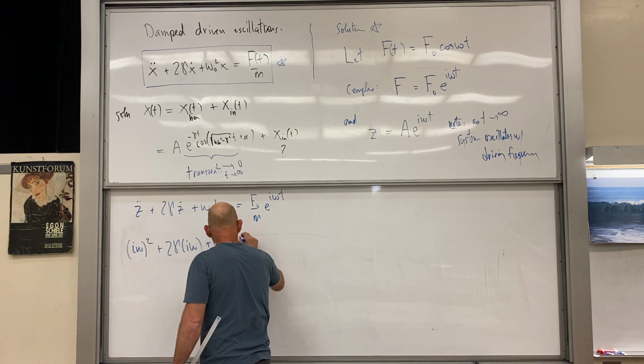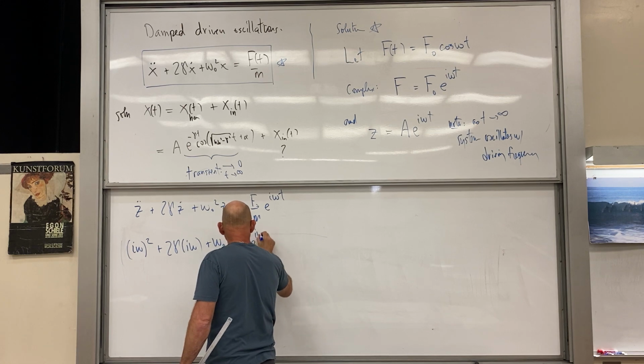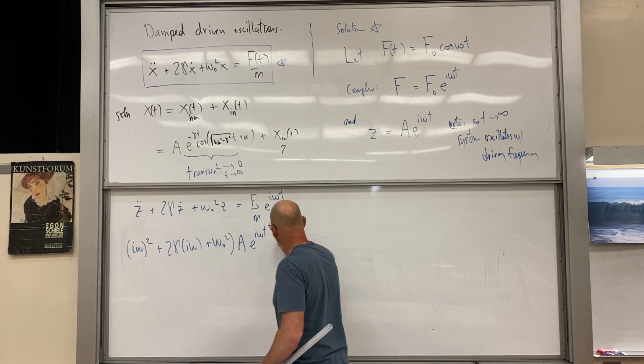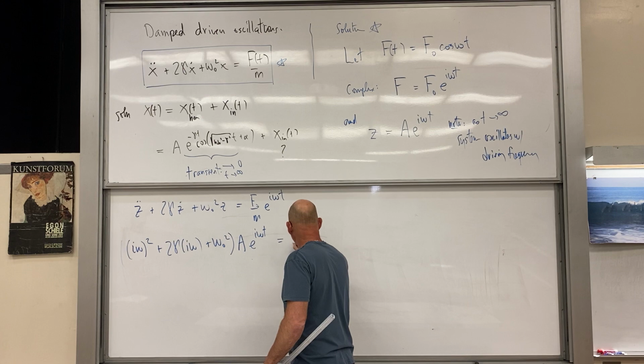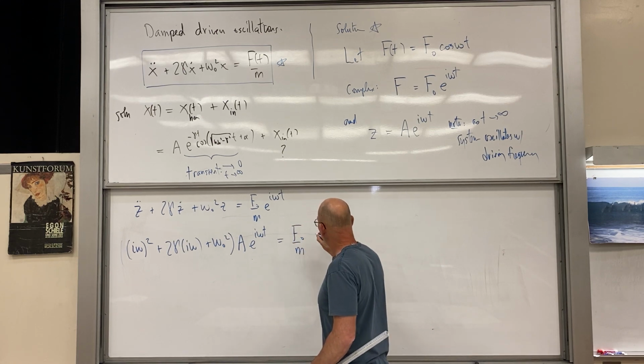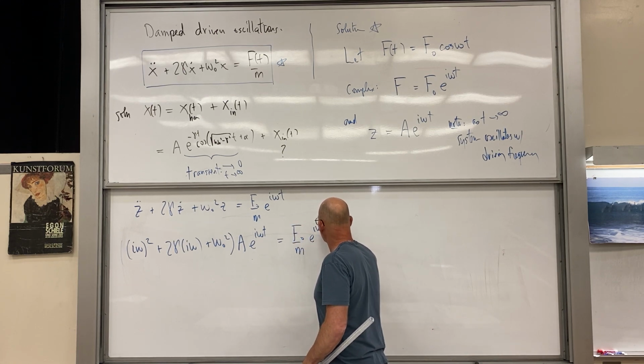That's all being multiplied by a e to the I omega t. And we're saying that's equal to f naught over m e to the I omega t.